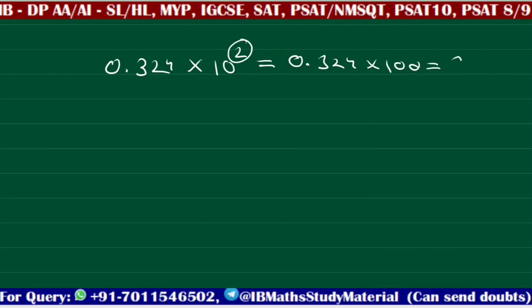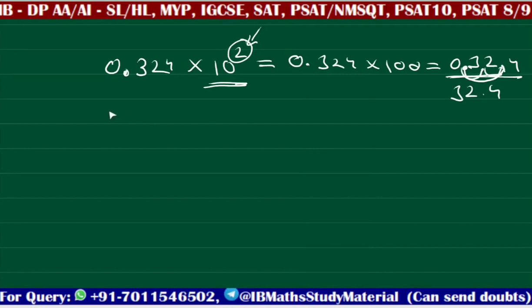So it is 32.4. The case is that when we are multiplying by 10 raised to the power 2, we shift our decimal to the right 2 places. Okay, 1 place, 2 places to the right.